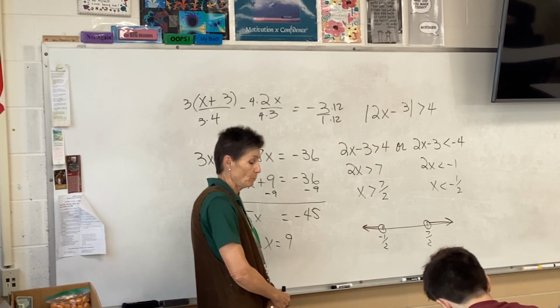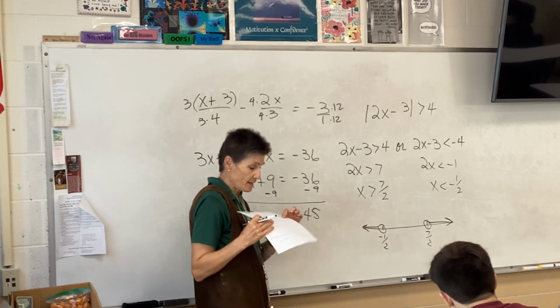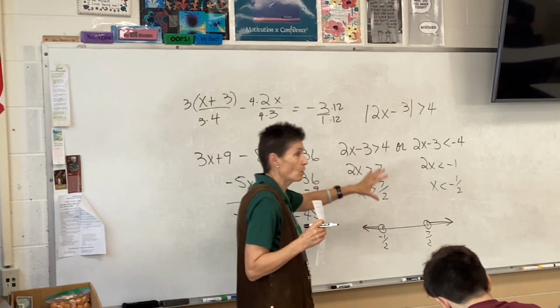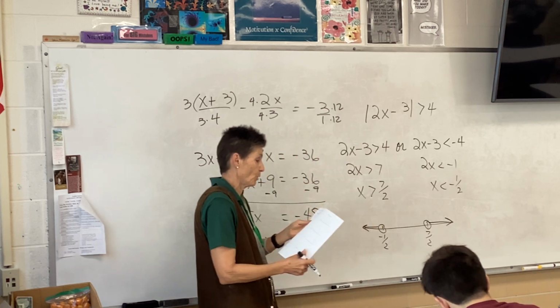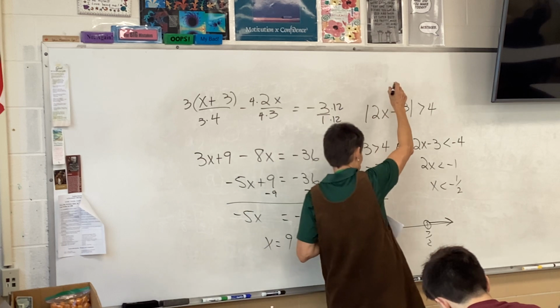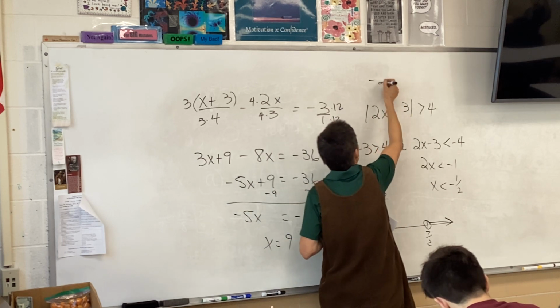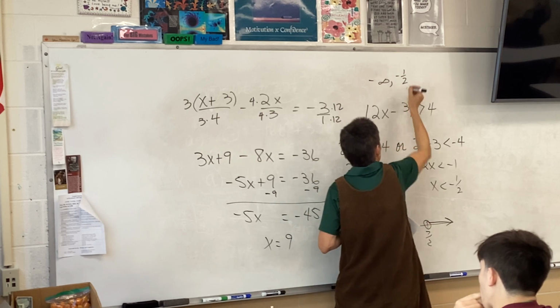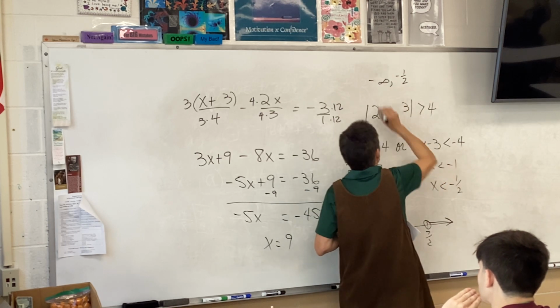So what do I put in the handy dandy answer blank right here? All this is my work and it's all really good. You want to show all your work. But what goes in the answer blank? Josh? It's like negative infinity to negative 1/2, and then it's a parenthesis.